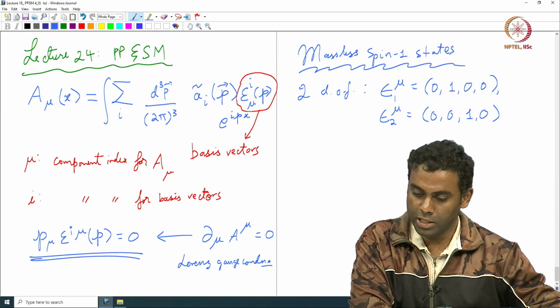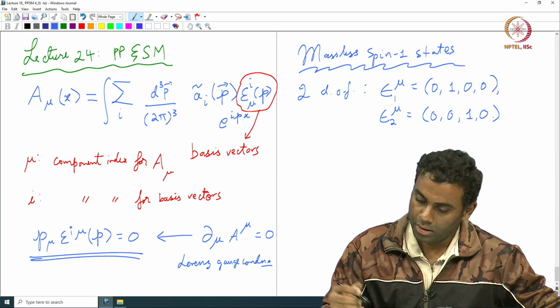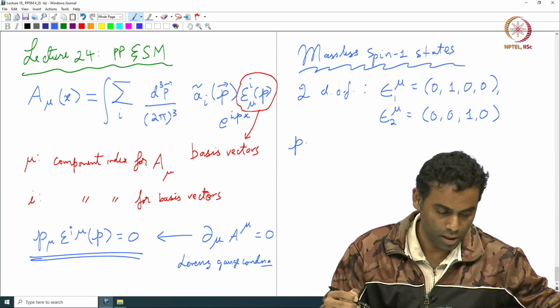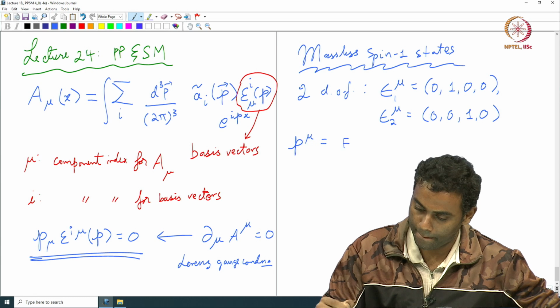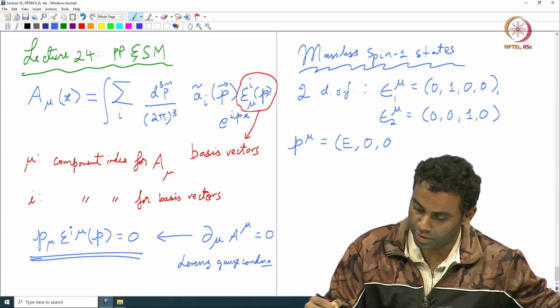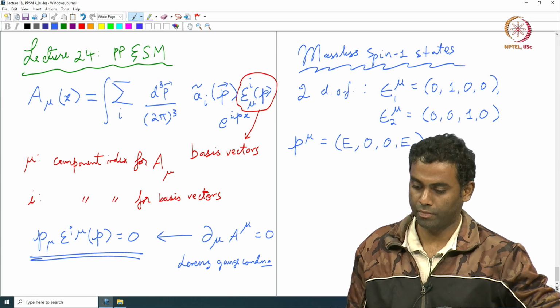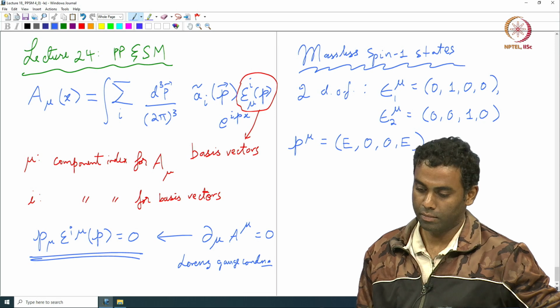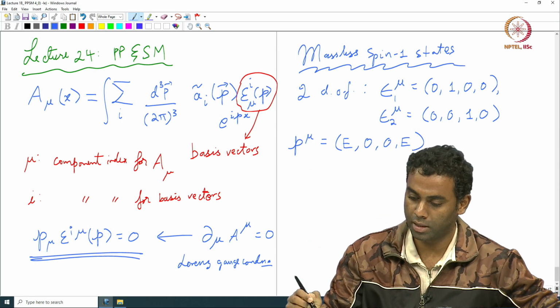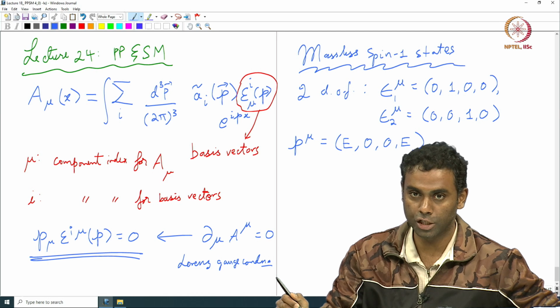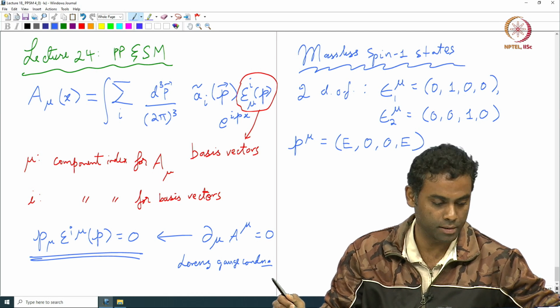Here is a little curiosity. Remember that I can now write the 4 momentum this way. I have to, right, because there is no mass involved, the energy is the momentum, and I have chosen the z direction to be the propagation direction, correct.